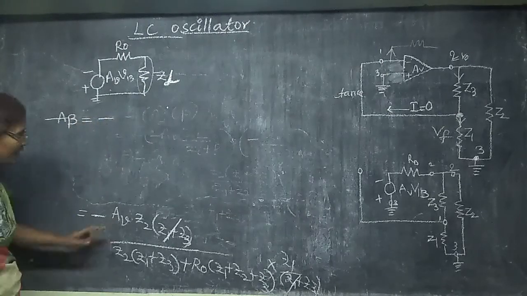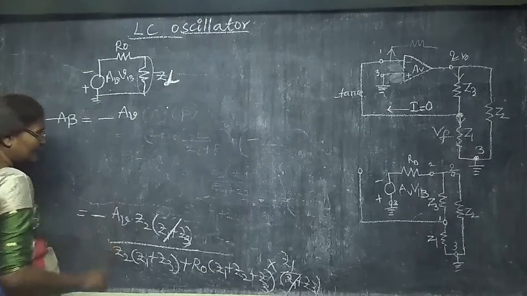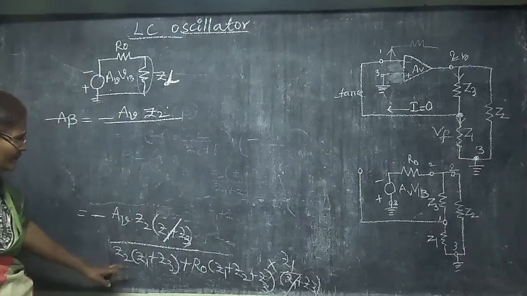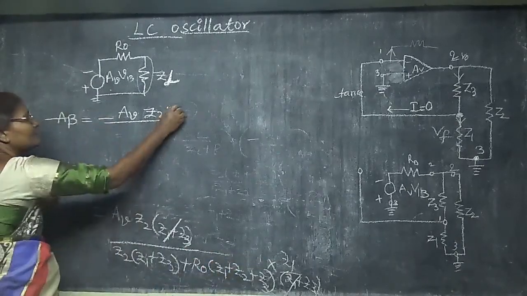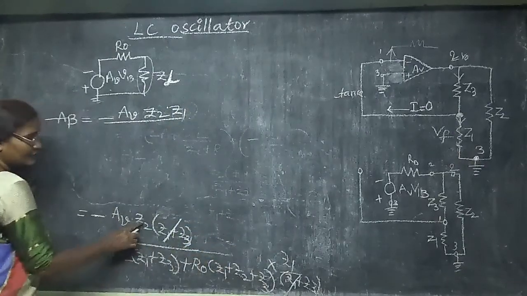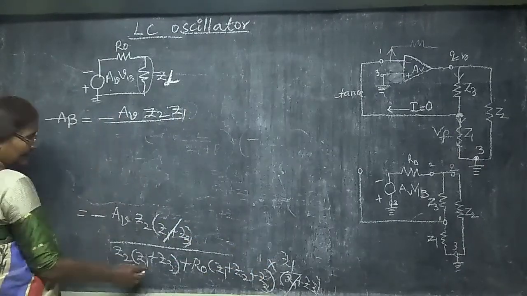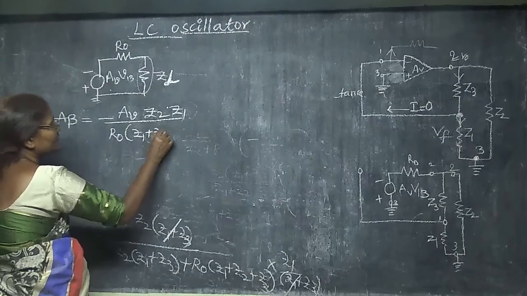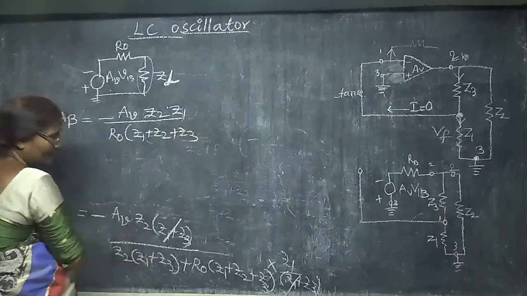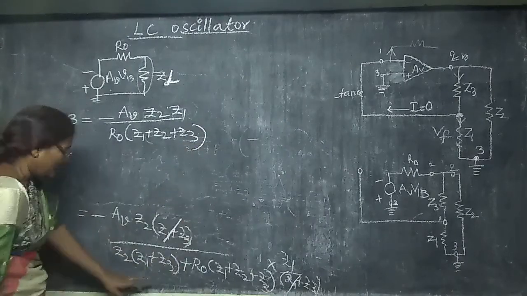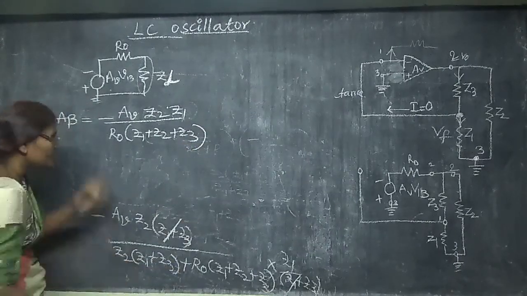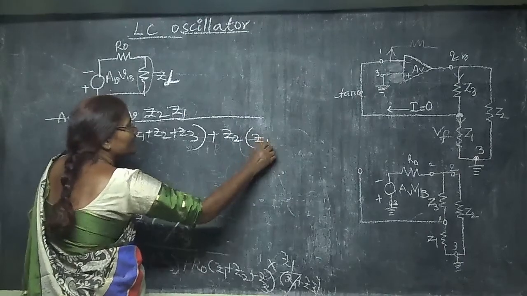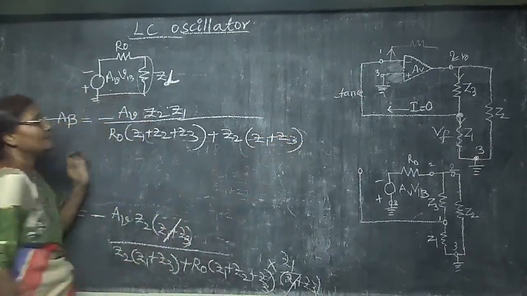Minus of A into Z2 into Z1, Z1 and Z2 are there, divided by R0 into Z1 plus Z2 plus Z3, plus Z2 into Z1 plus Z3. This I am going to get.